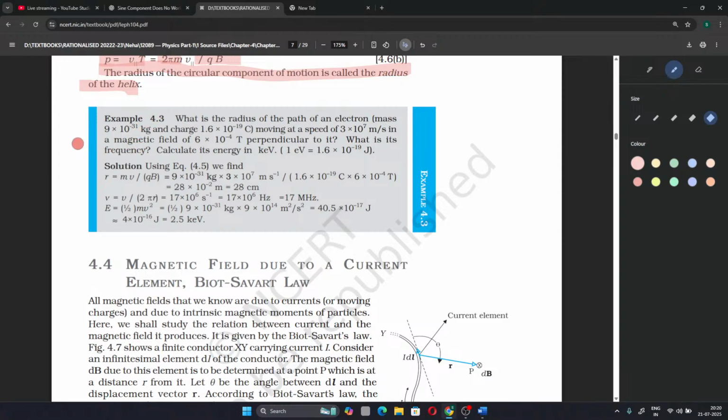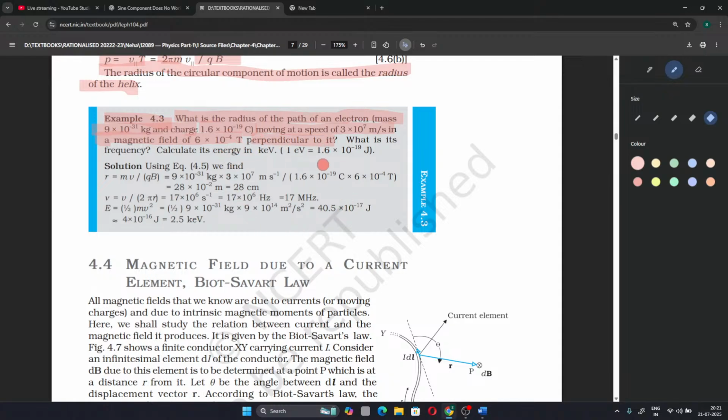Now they give an example here. Example 4.3. What is the radius of the path of an electron, mass 9 into 10 power minus 31 kg and charge 1.6 into 10 power minus 19, moving at a speed of 3 into 10 power 7 meter per second in a magnetic field of 6 into 10 power minus 4 Tesla perpendicular to it?